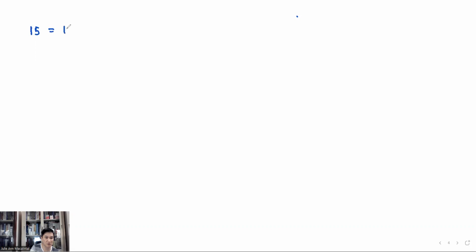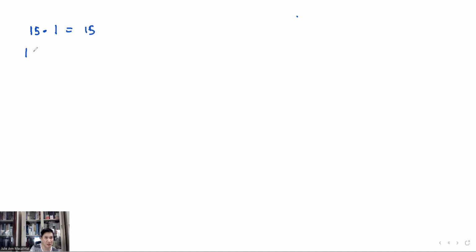Fifteen is equal to 15 times 1, which is 15.